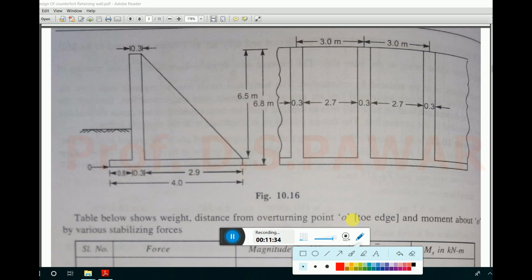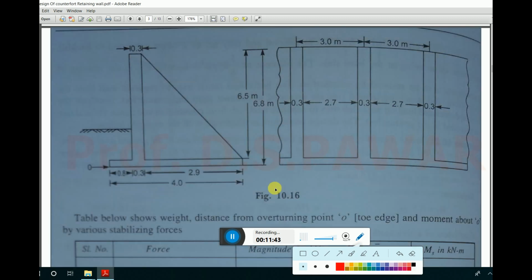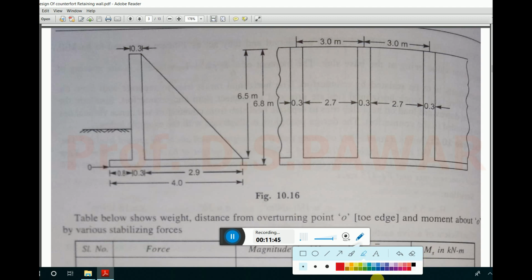How to get overturning moment and stability moment, I will revise. Already I have discussed in the last lecture, but again I am going to discuss it. See, this stem is going to fail, the soil pressure is going to act at the bottom, and due to that a force is going to generate, and at a distance H by 3 this force is going to act.